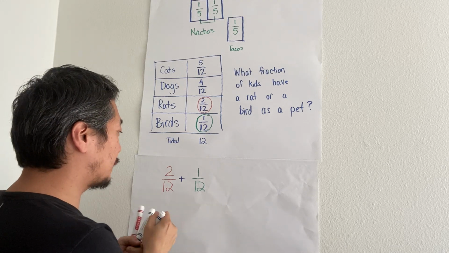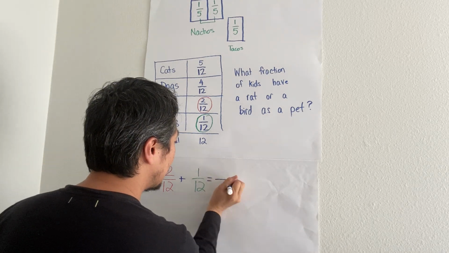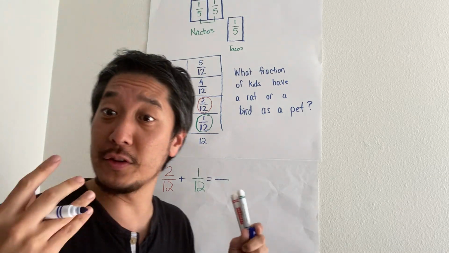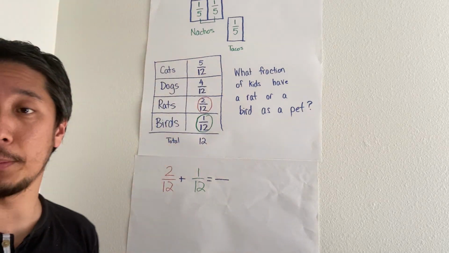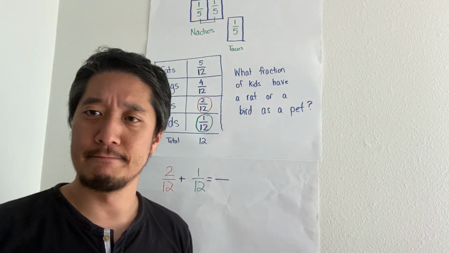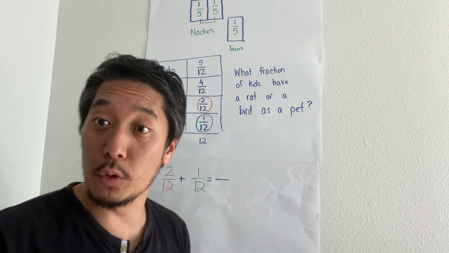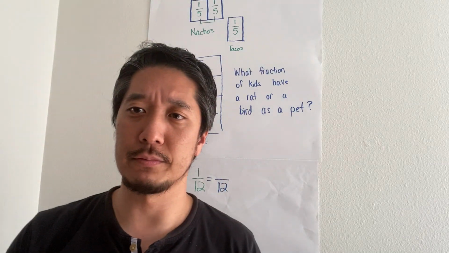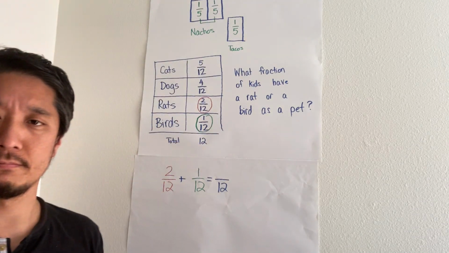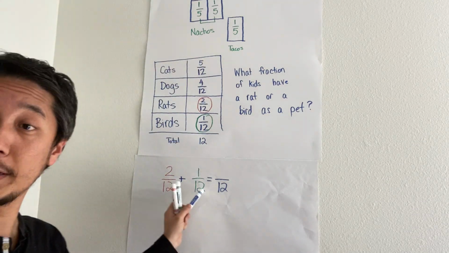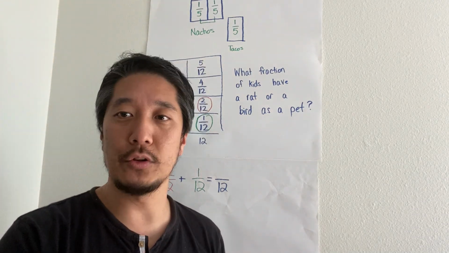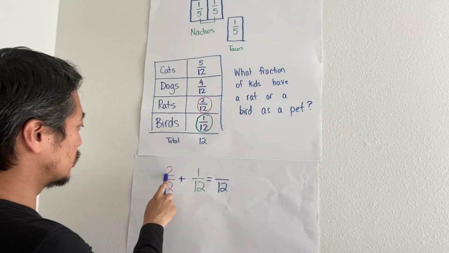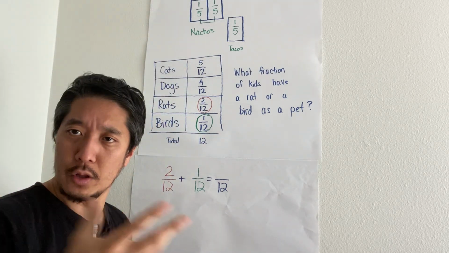The key thing for you to understand is, if the denominators are the same, what is my denominator going to be? If you said 12, you'd be correct. So we're going to put a 12 here. Now, what am I going to do with the numerators? Well, the denominators are the same. You just add the numerators. 2 plus 1 is 3.